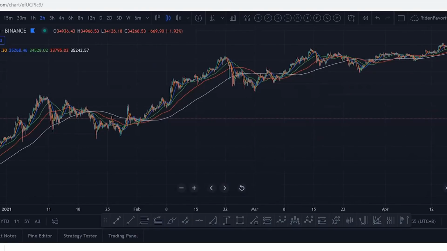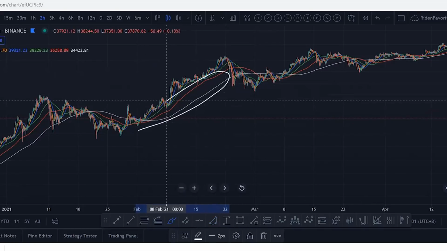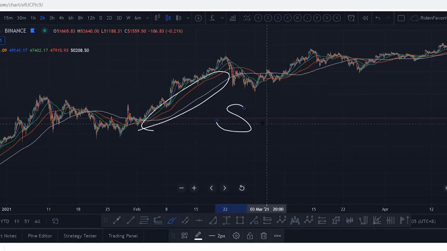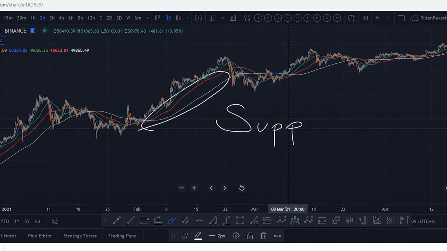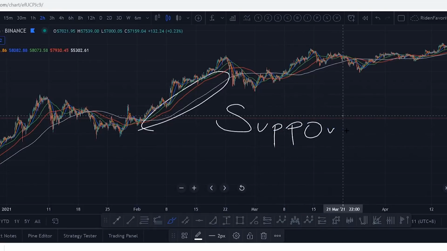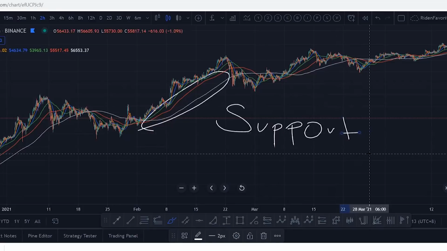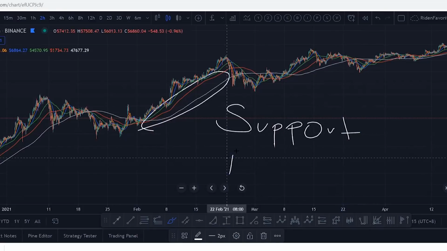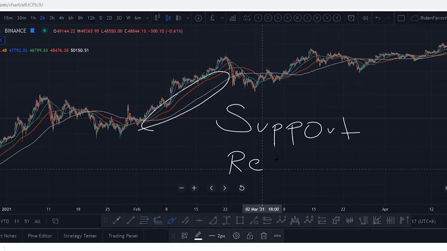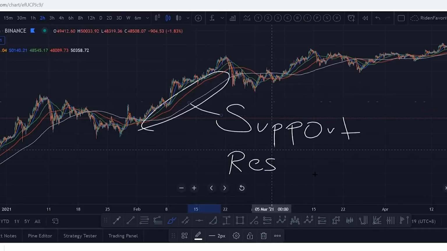So whenever the moving average is below the price action, like this one, it works as a support. So for those who don't know the support and resistance, this is one of the basics in technical analysis. Okay, so right now this works as a support.